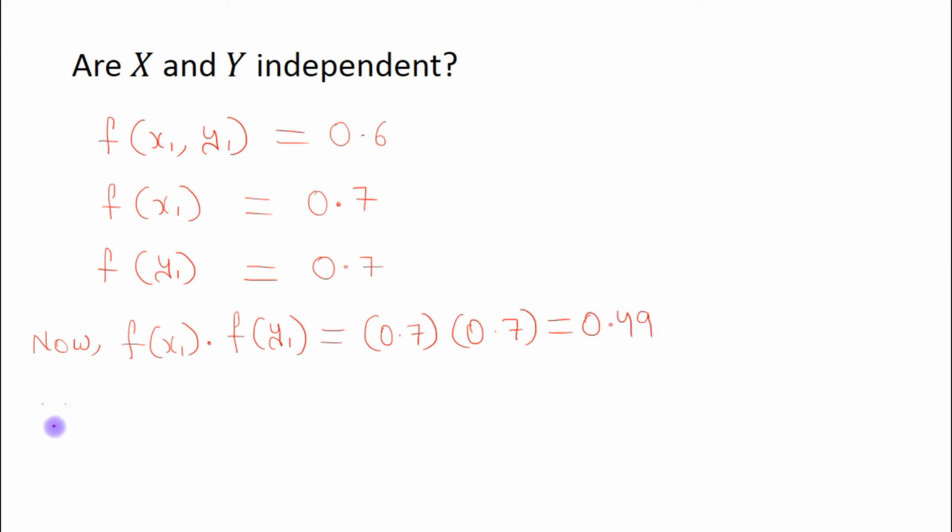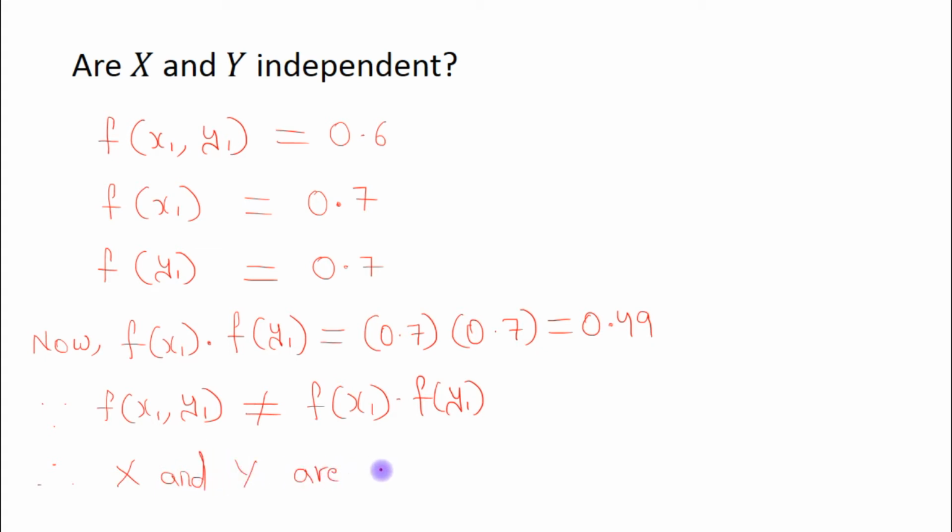Since fx1 y1 is not equal to the product of their marginal probabilities, as you can see 0.6 is not equal to 0.49. Therefore, X and Y are not independent.